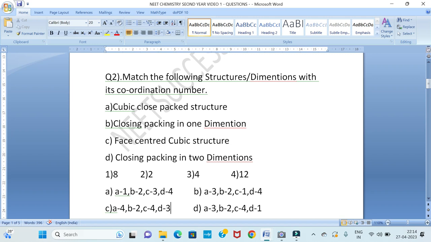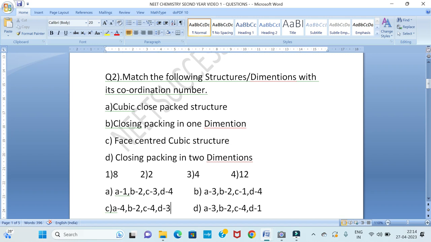You have to take one double of 1, 1 plus 1, 2. Next, close packing in two dimensions: 2 double of 2, 4, so 3.